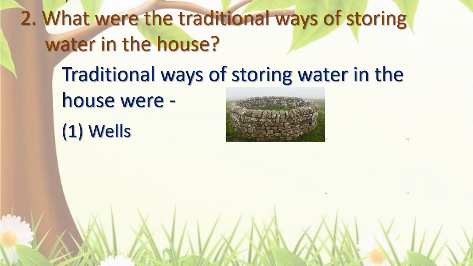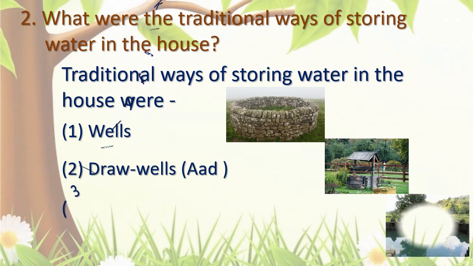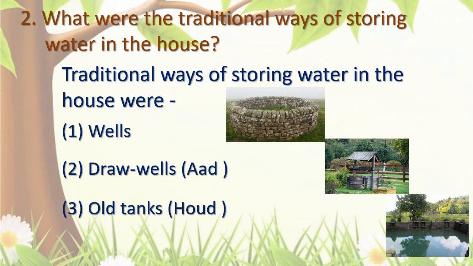Correct? Number 2, draw wells, or in Marathi, aad. You can see in the picture. Third one, old tanks. They are called haud. These are the different ways of storing water in the houses.